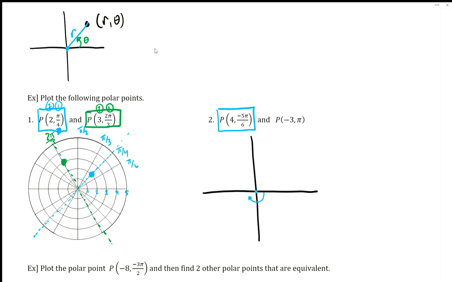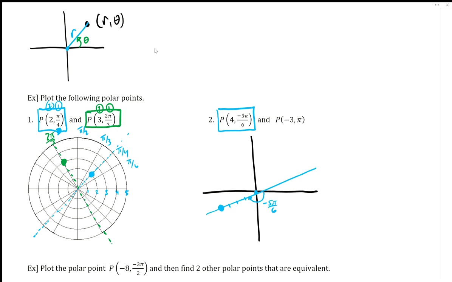And then what I'm going to do is plot a line through that. Okay, so here was the negative 5 pi over 6 angle. And then since I don't have any circles already drawn on this, I'm just going to do tick marks and say, well, here's 1, 2, 3, 4. Okay, so there's our point then, 4 and negative 5 pi over 6.